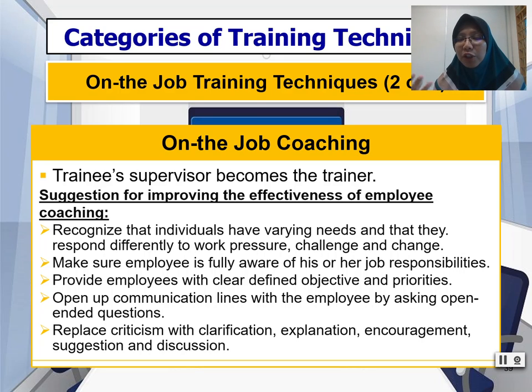Did he or she do it correctly, or if he or she did it wrongly, you need to give suggestion, recommendation, explain why this is wrong. Or also you can encourage your new employee. Okay, if he or she cannot perform, just encourage him or her that he or she will make the job much better tomorrow, for example. Okay, so this is number 2.